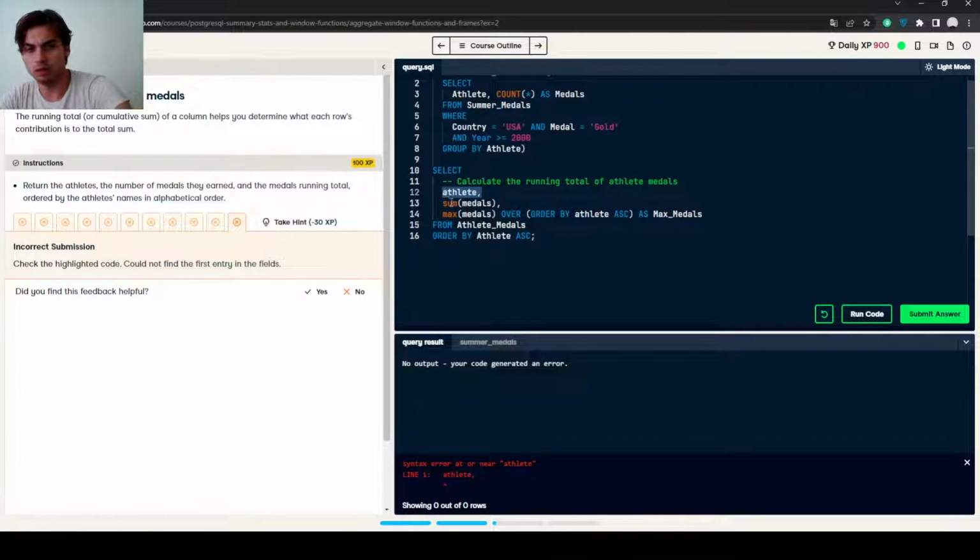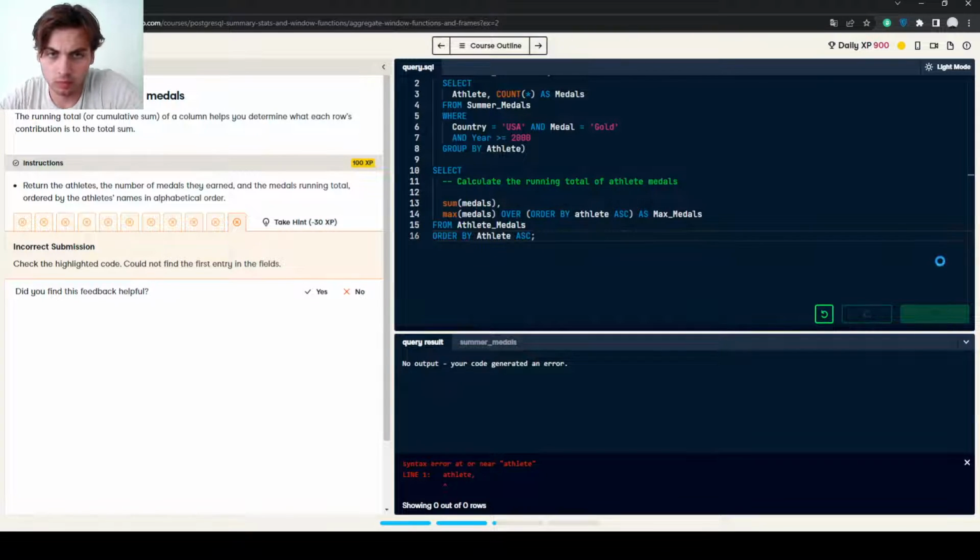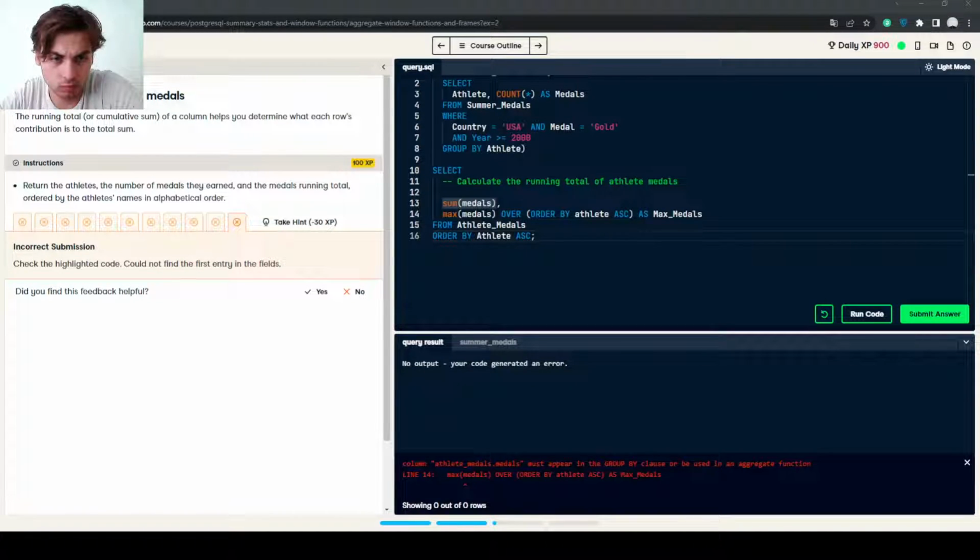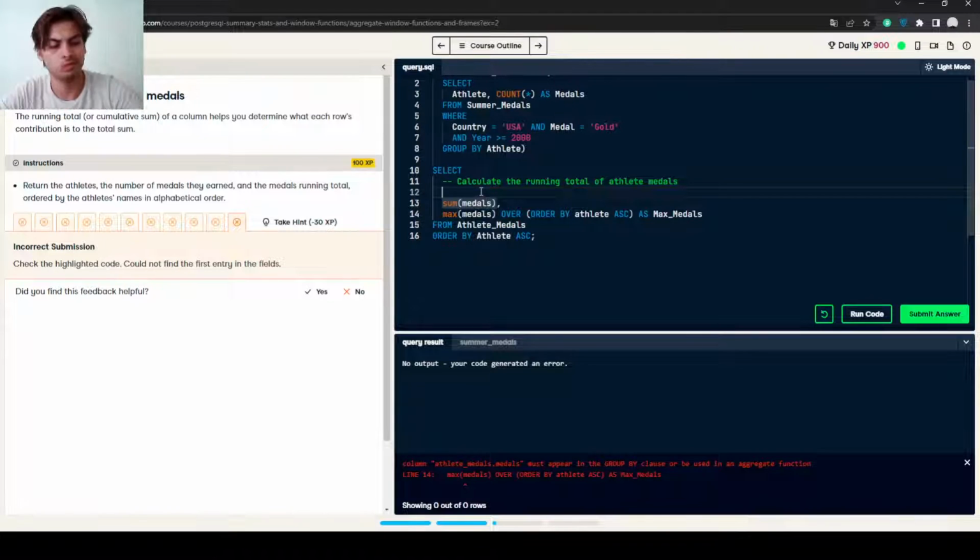Хорошо, давай уберем атлетов. Нет, атлеты должны быть. Number of medals.